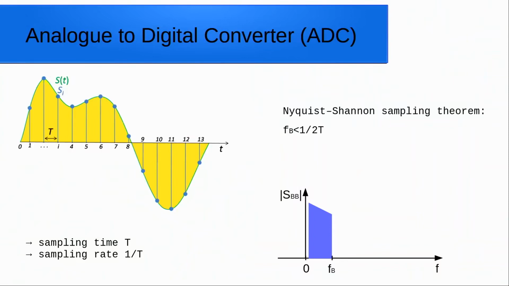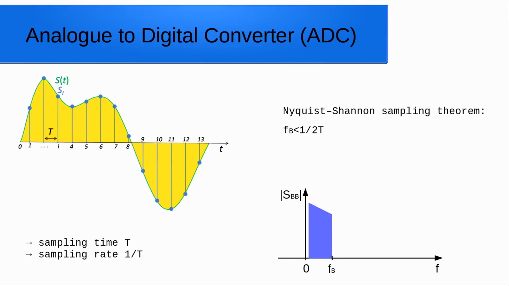This sampling rate must comply with the Nyquist-Shannon sampling theorem, otherwise your signal can't be reconstructed properly. You get effects like aliasing, where you have frequencies that actually are not there but are caused by the undersampling of the signal.